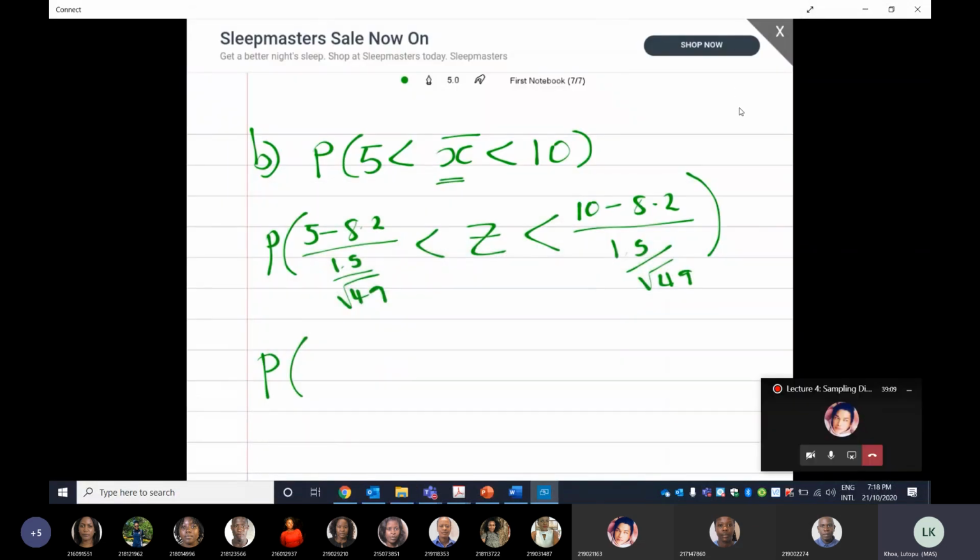What do you have? 5 minus 8.2 divided by 1.5 divided by the square root of 49. What do we have?